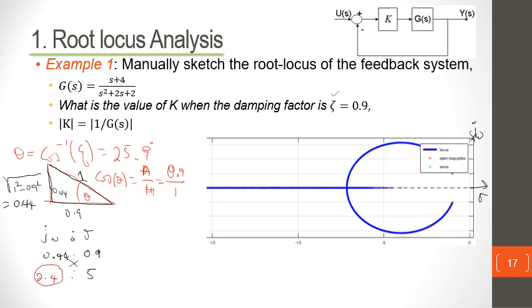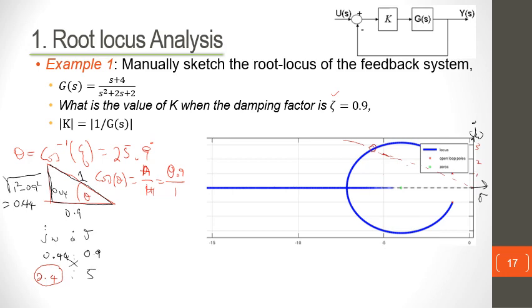So a point 5, 2.4, which is around here. This is the point that makes this angle, so we take a straight line and triangulate. It should cross at this point, where it crosses our root locus.